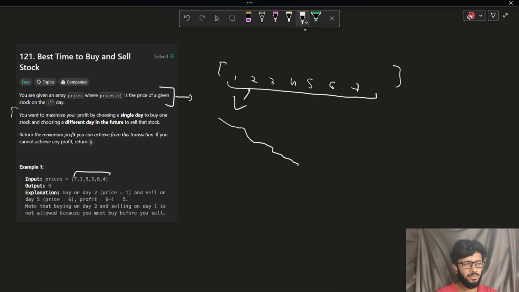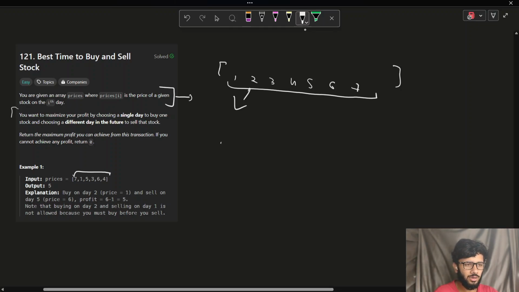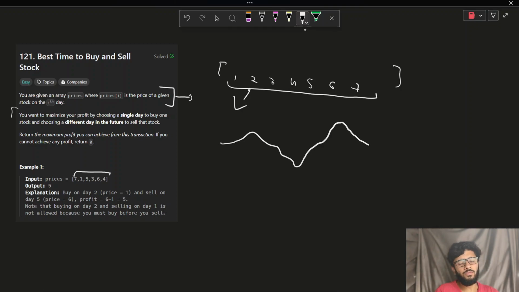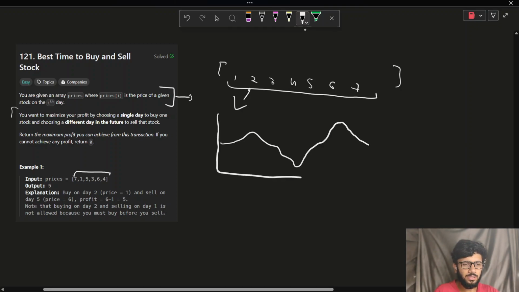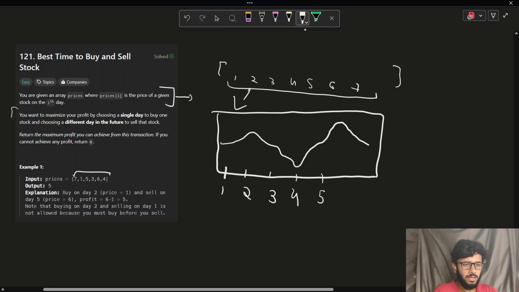If I have to give an example, although I haven't invested in stocks and don't have practical experience, say we have a graph like this and it goes like this. What might be the time when you will buy it? Let me name the days day one, day two, day three, day four, day five, day six, and day seven. So 7 days of the week.